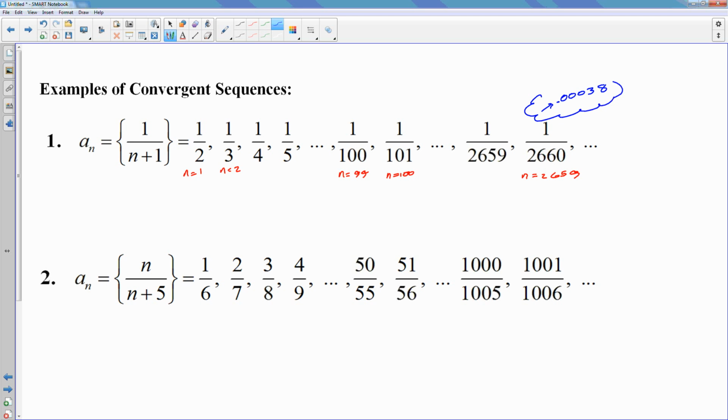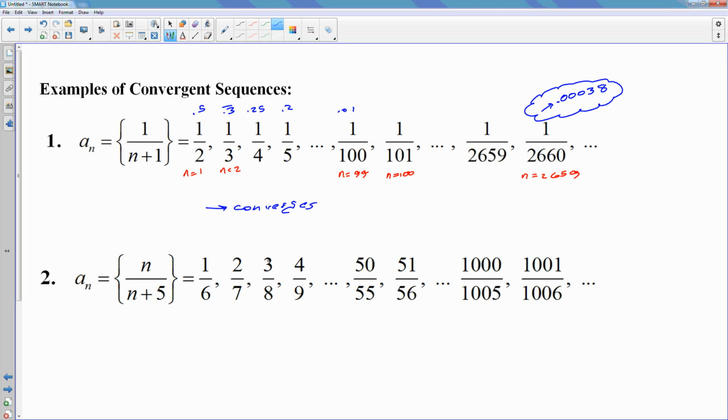We started out at 1/2, which is 0.5, then 0.33 repeated, 0.25, 0.2. This is 0.01. As you go further and further to the right, these decimals are getting closer and closer to 0. So this one, we would say converges to 0.